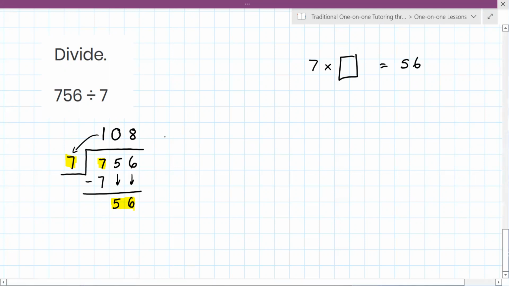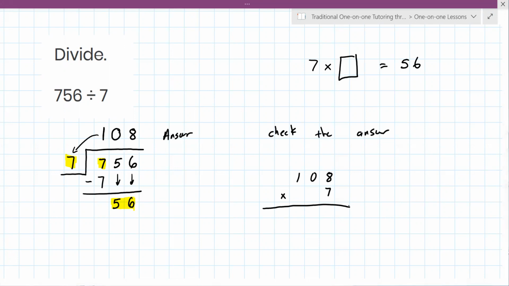Okay, so this is our answer, but we can always check the answer. And we'll do that next. So you take 108 and you multiply it by 7. We've done some problems like this. Now let's work through this multiplication.